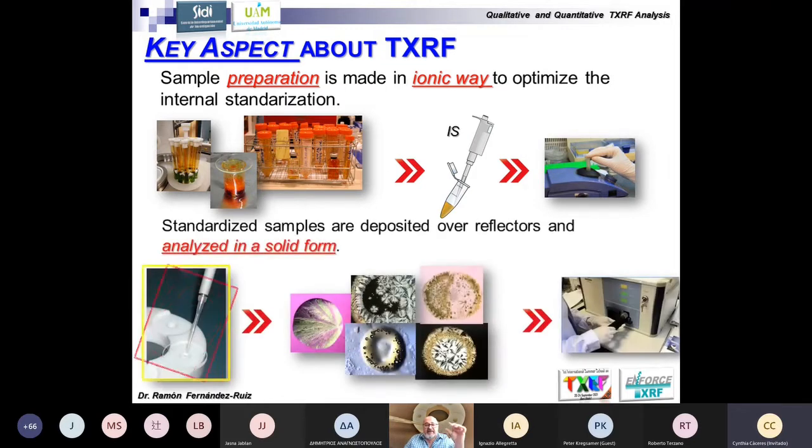But there is a critical point, the deposition step, where we transform this perfect homogeneity into something not so perfect, as you can see. The photographs are really beautiful, but not so homogeneous. And the lack of homogeneity is not good for the analytical parameters of the results. So this is necessary to take into consideration always when one works with TXRF.